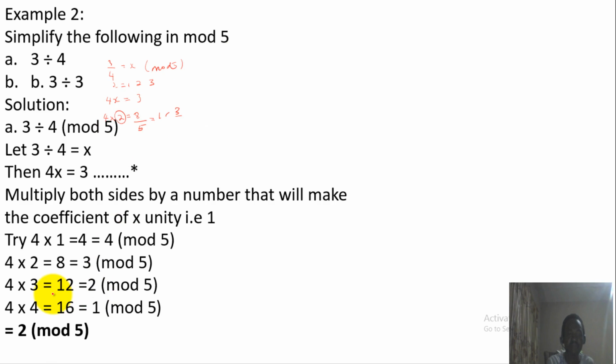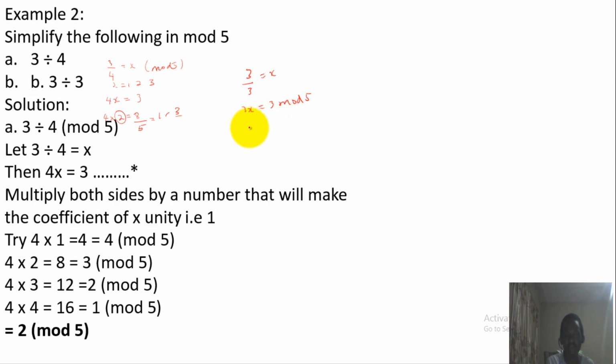Therefore, when you have 3 divided by 3, let's say the what? X. Therefore, you have 3x equals what? 3 in mod what? 5. Basically, we are looking for what we are going to multiply 3 with that will return 3 to you.